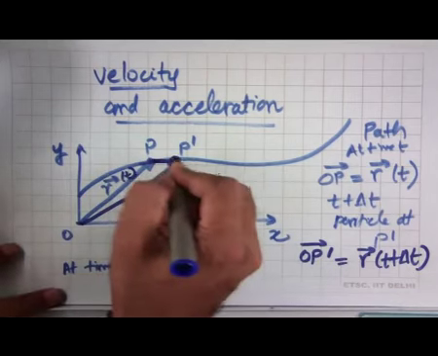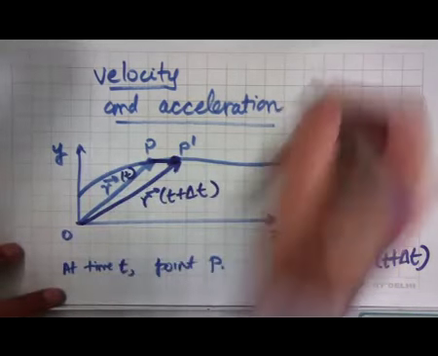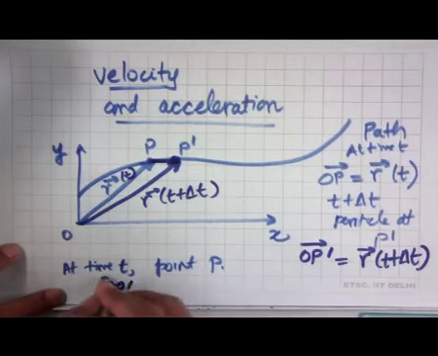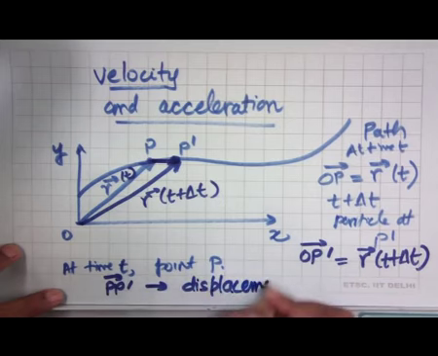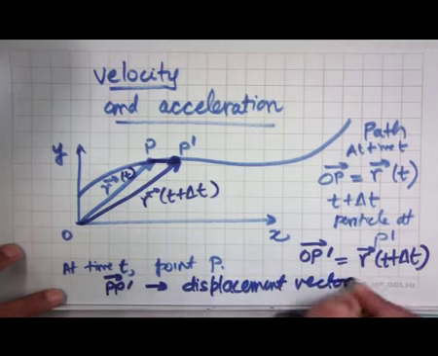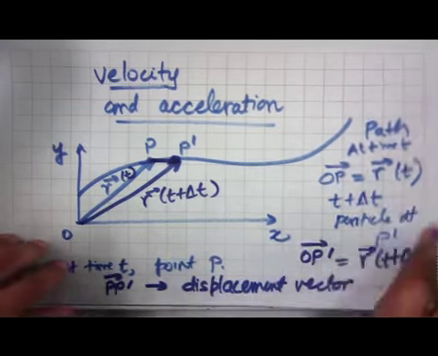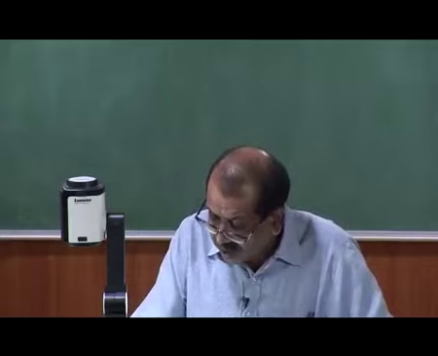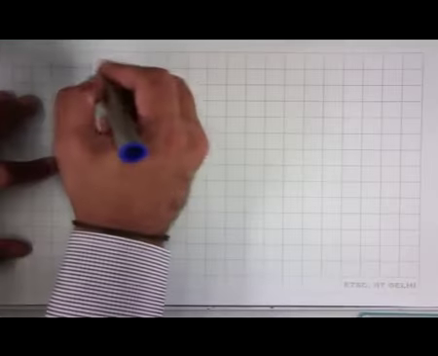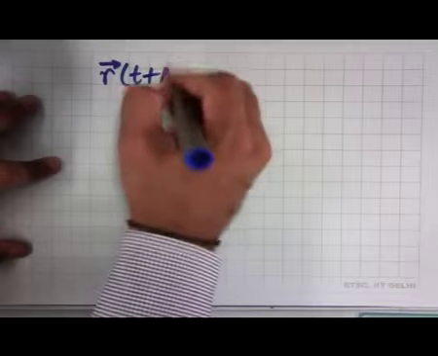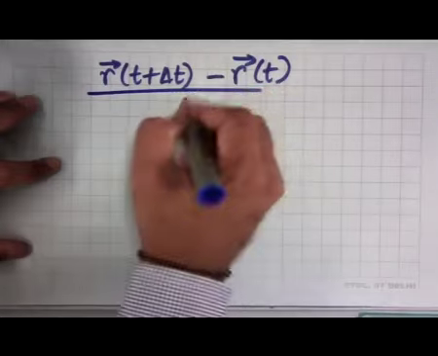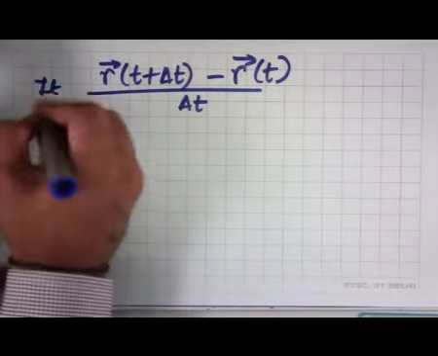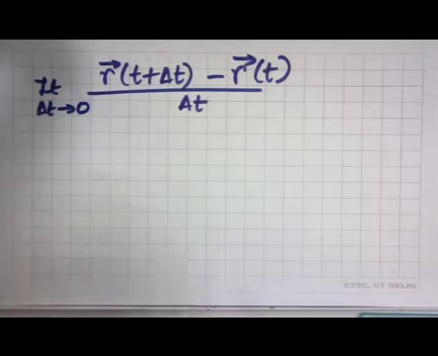Now, the vector P P prime, this is called the displacement vector. And if I look at r vector at t plus delta t minus the r vector at t divided by delta t, and in the limit delta t goes to 0, we keep making delta t very small.